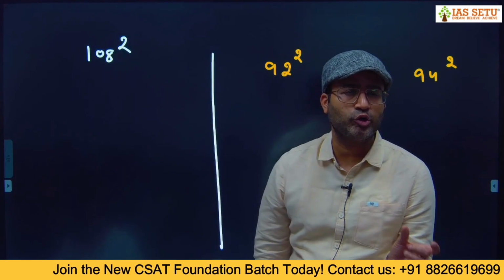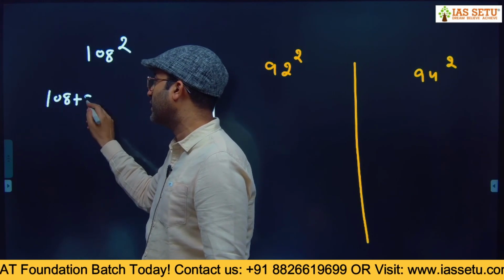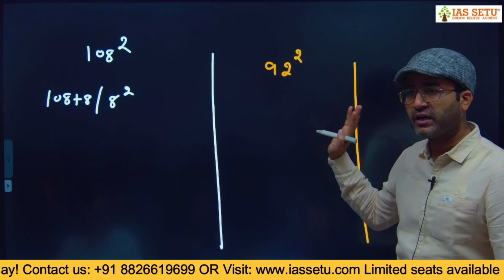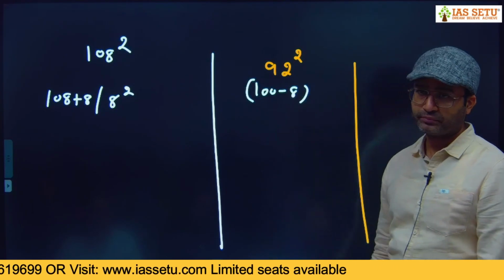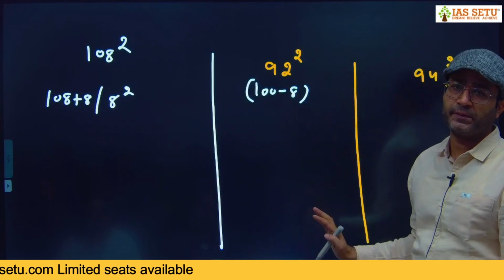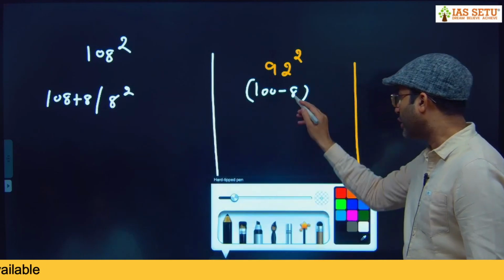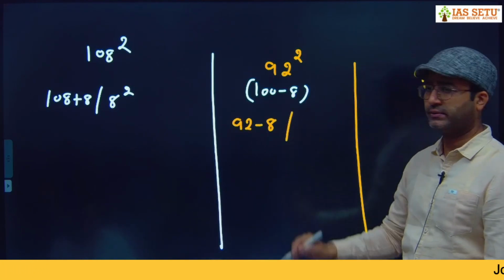What shortcut I told you for 108 square? 100 plus 8. So left side value is 108 plus 8. Right side value is 8 square. Here also we take 100 as a base. So this value is 100 minus 8. So if it is extra, we add. If it is less, we subtract. Number plus, number minus. So your left side step here is 92 minus 8.